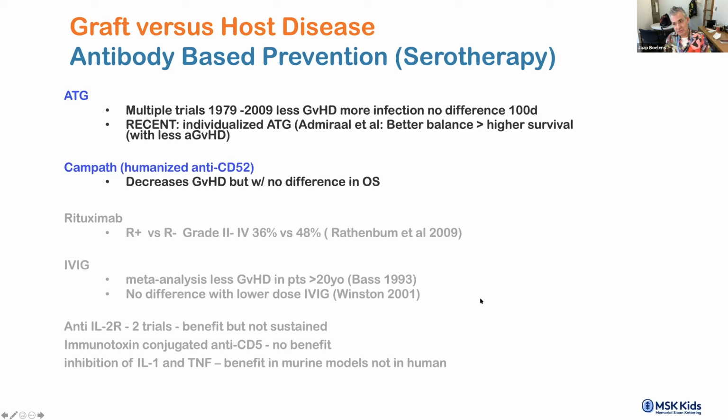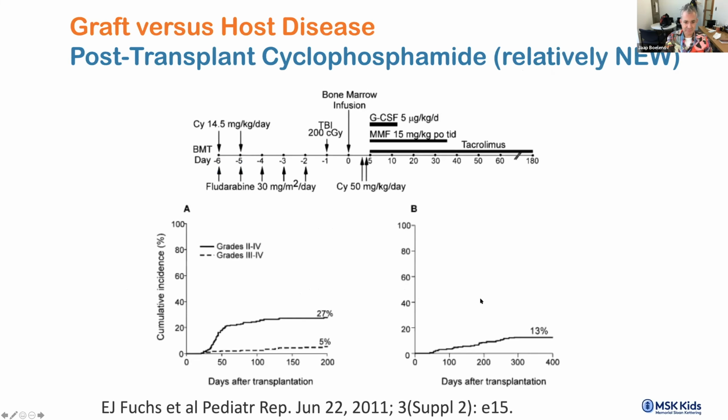And that can result in a higher transplant-related mortality. More recently, we have learned how to better individualize the ATG, and that has resulted in better immune reconstitution, prevention of graft versus host disease, and better survival chances. Most of the patients who underwent a transplant for metabolic diseases also got ATG in their conditioning regimen.